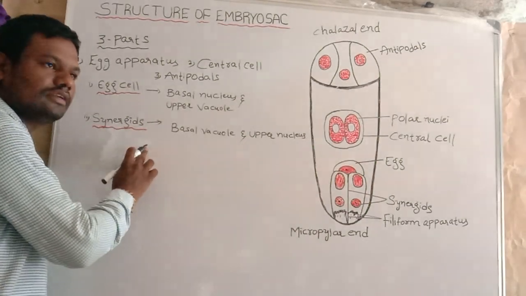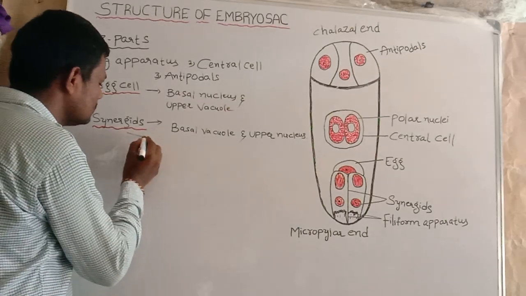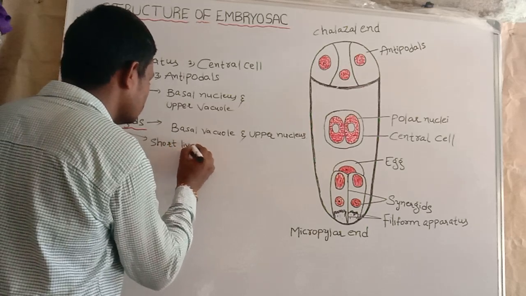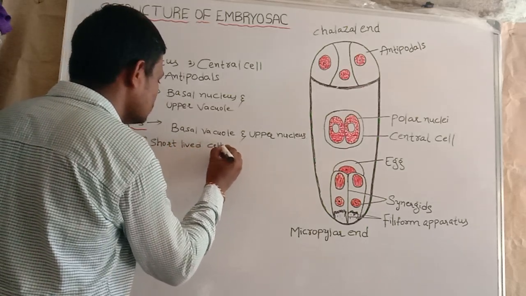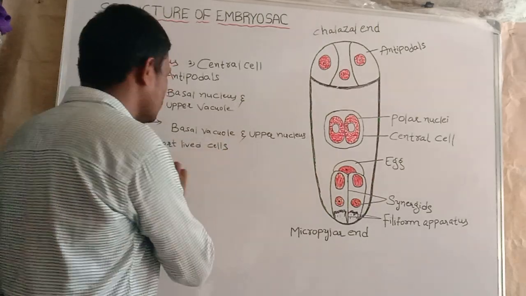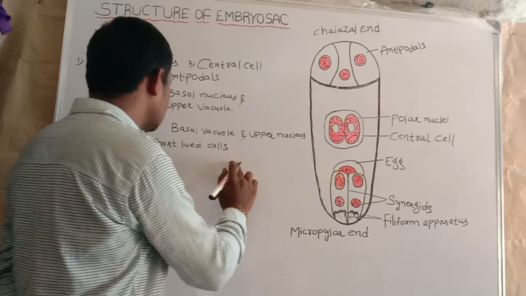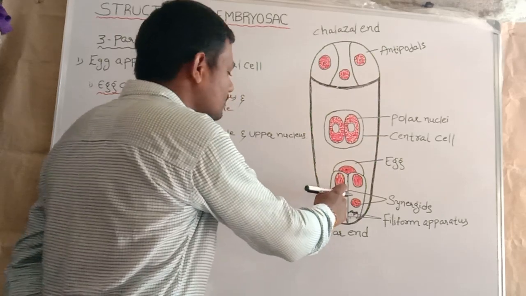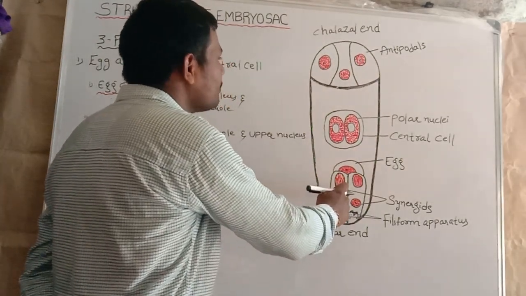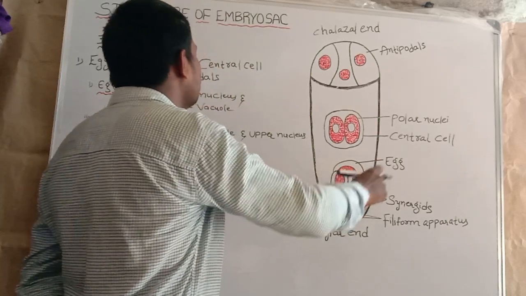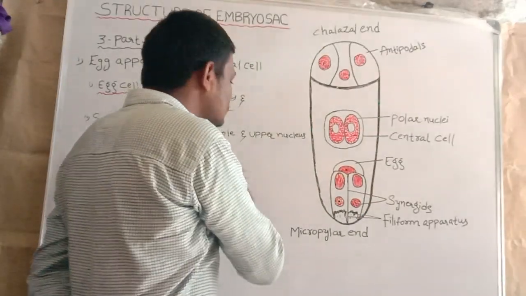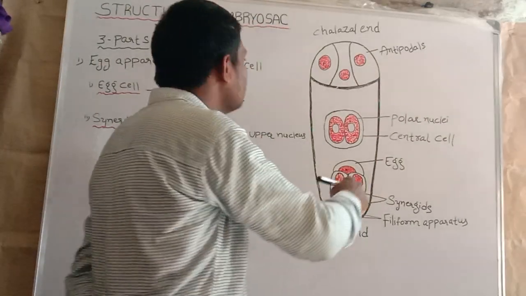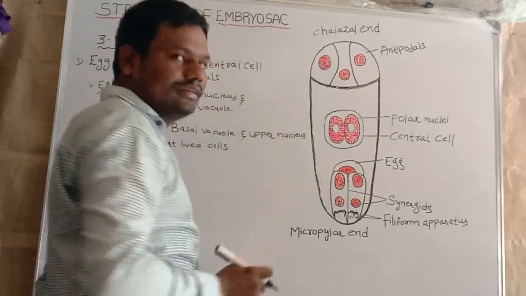Synergids are considered short-lived cells. That means the first synergid cell degenerates with the entry of the pollen tube into the embryo sac, and the second synergid cell degenerates after the pollen tube enters the embryo sac.